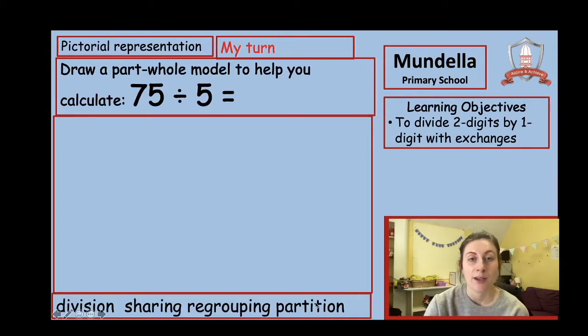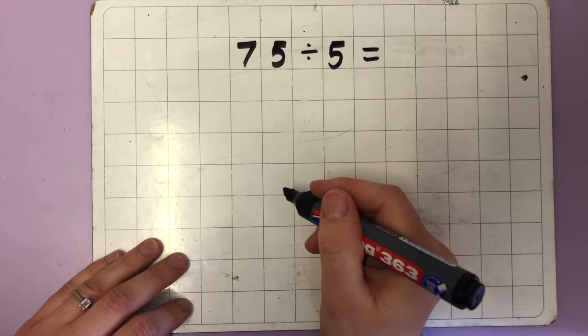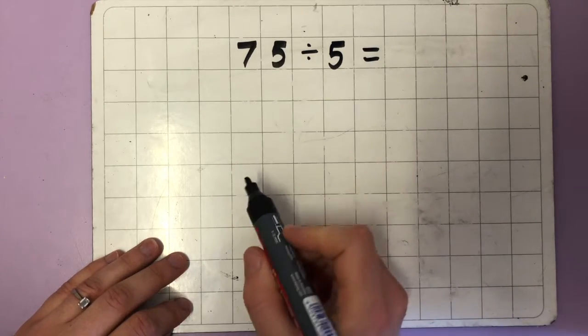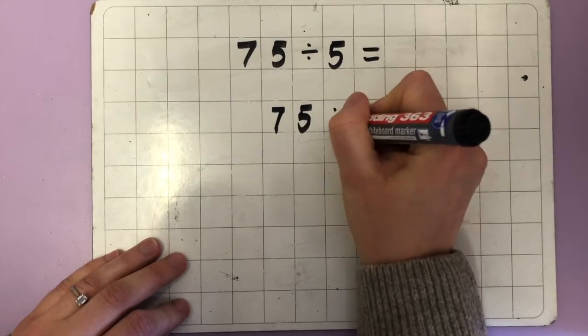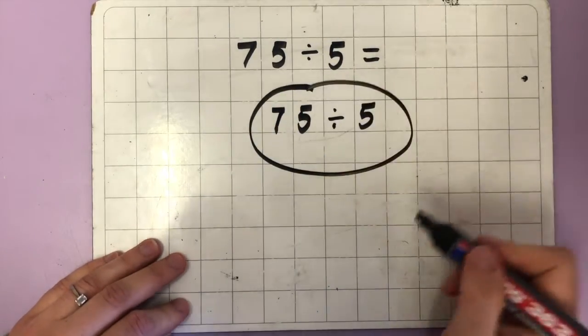Okay. Now I'm going to show you how to use a part-whole model to help us calculate 75 divided by 5. So first of all, I'm going to draw the top bubble, which is my whole question.